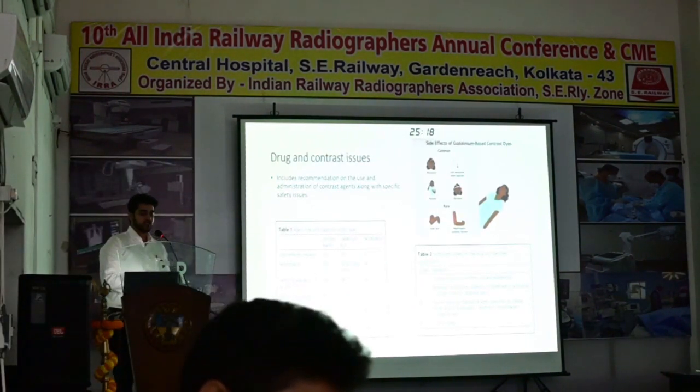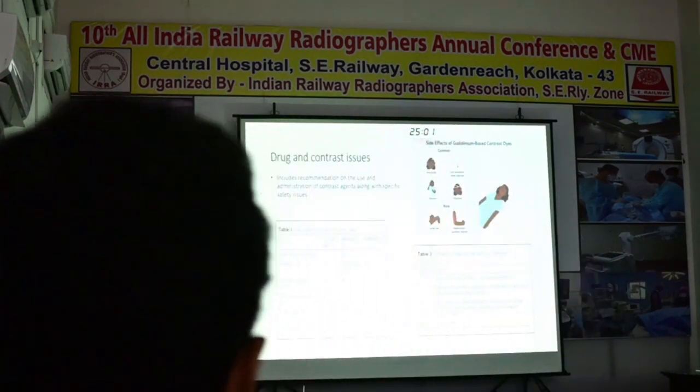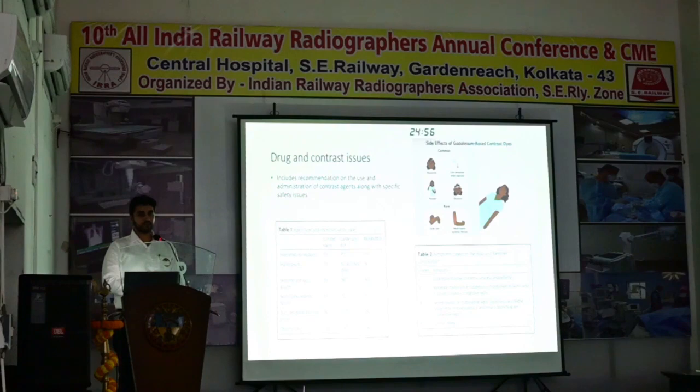Some more things which are useful for us to know are drug and contrast issues. You would have heard the question that I asked Dr. Adit, about whether radioiodine causes thyrotoxicosis. You are here to help the patient, but if you end up giving the patient some more problems, I don't think you are helping them.